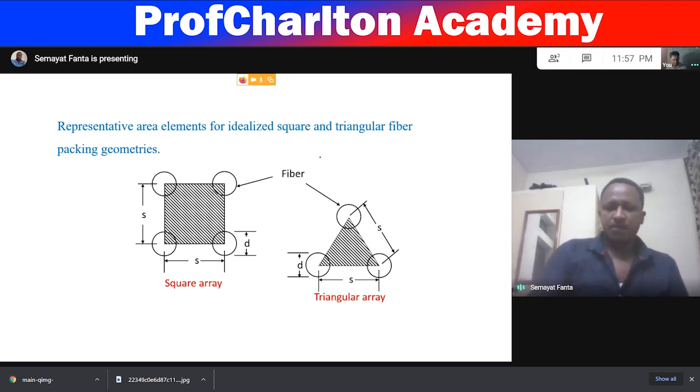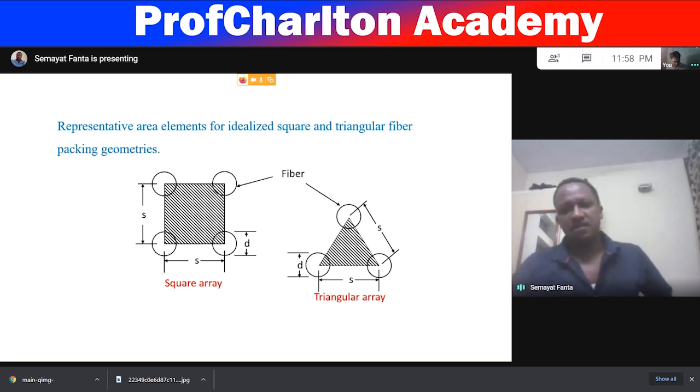So that may happen. So here these are fibers, and the hatch lines or the cross section of hatch lines indicate the matrix. So the square array of fibers. The diameter of fiber is represented with D.